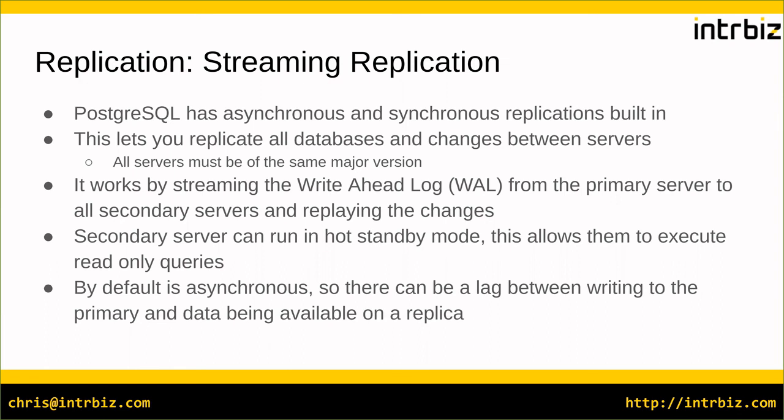So we can take two servers, as long as they start from the same base image of each other, which we can take through, say, a file-level backup with pg_basebackup. We can then configure these two servers through the main configuration file for the replica to connect to the primary and to stream down those logs and to stay in sync in an asynchronous fashion.